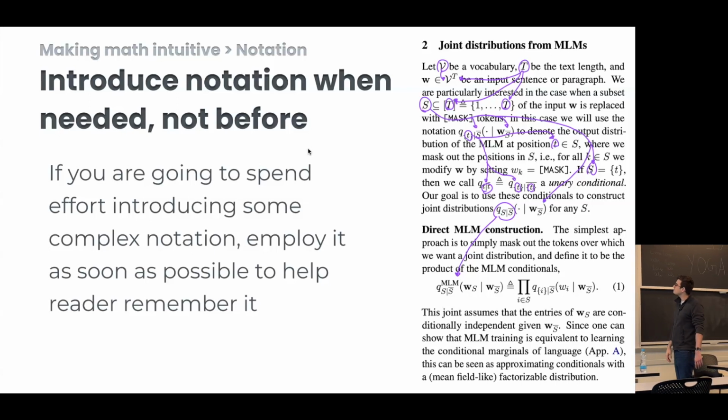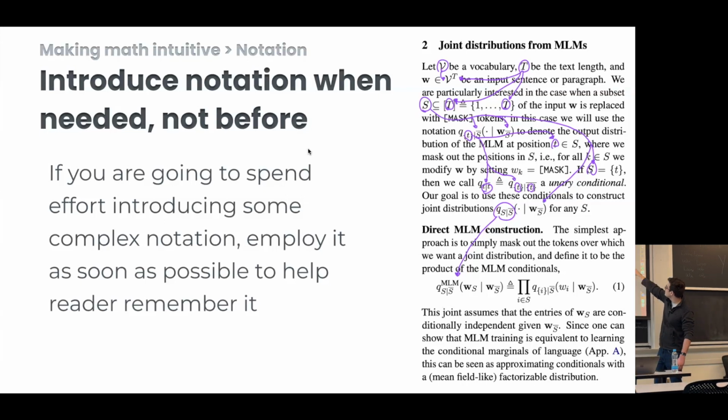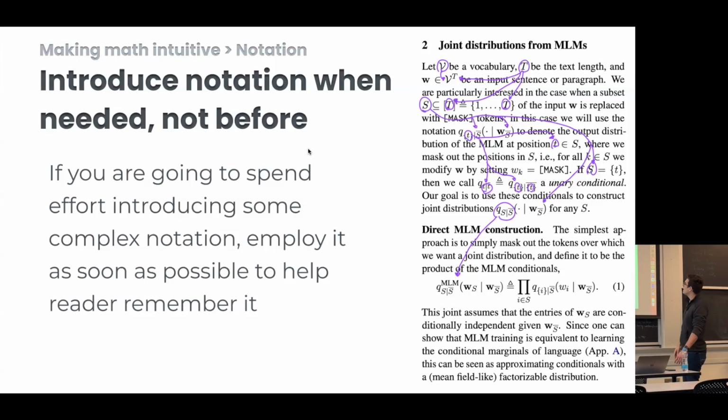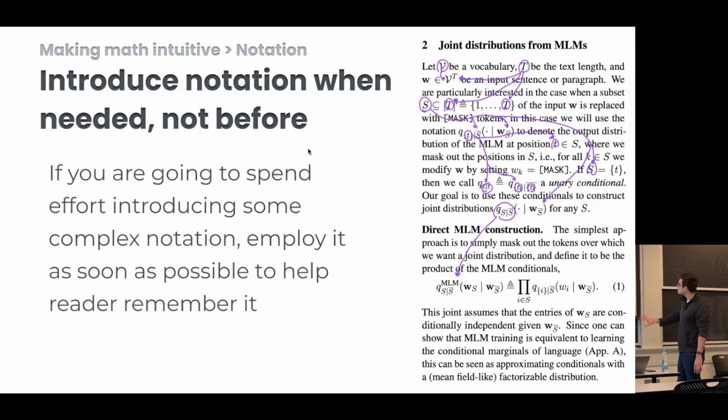But yeah. There actually is one counterexample of this idea in here, which is something that we struggled a lot with. Right in the middle, we talk about something called a unary conditional. This is a notation that we introduced here, but we don't actually immediately use it. We use it in the section that comes right after this one, which is not too far.